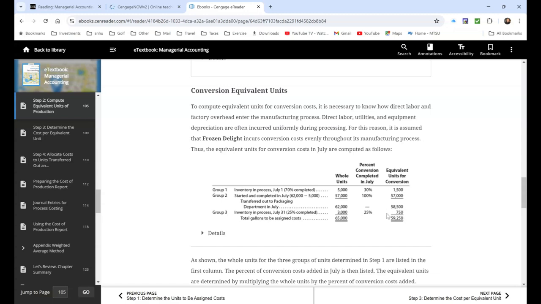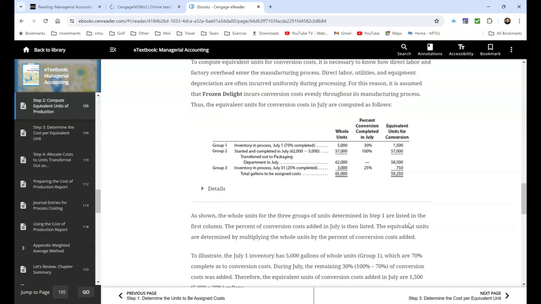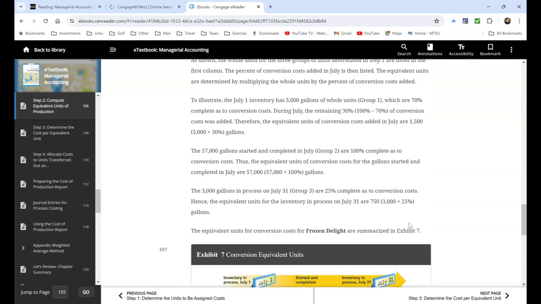We're going to add the 25% completed units. And so we have equivalent units for conversion of 59,250. And so we're going to take the total labor cost and total overhead and divide by that number.